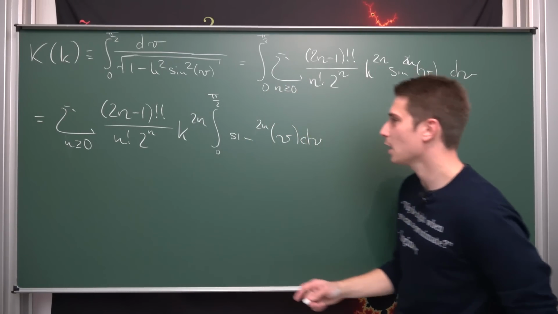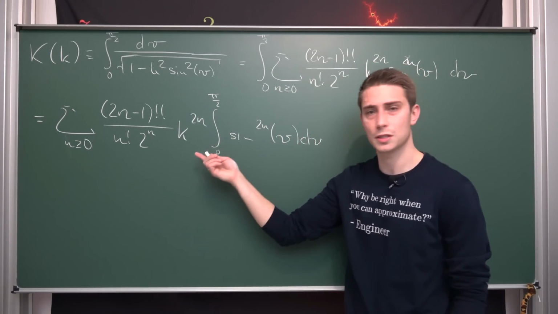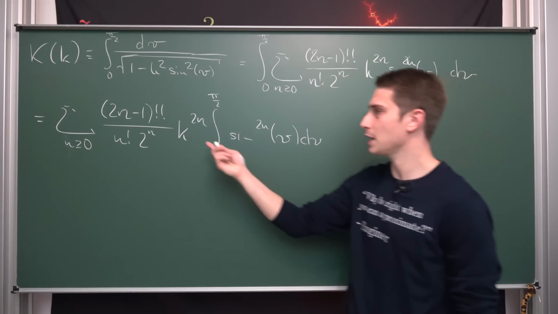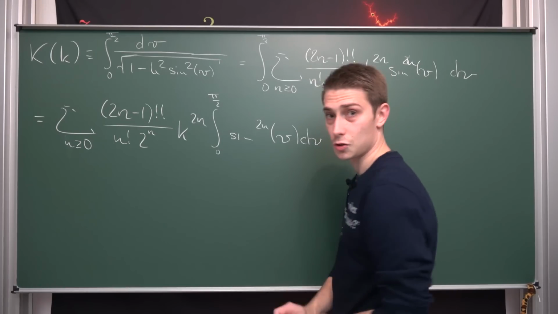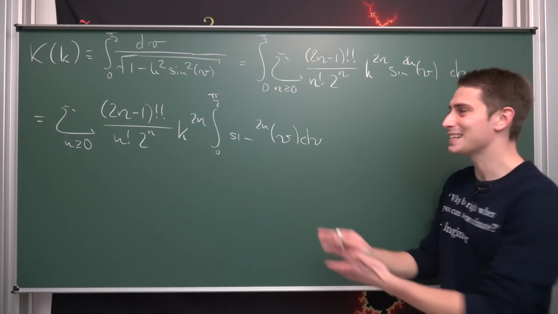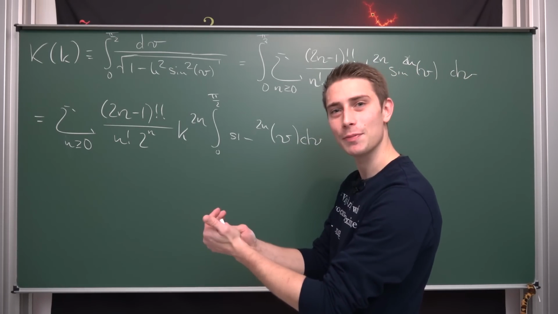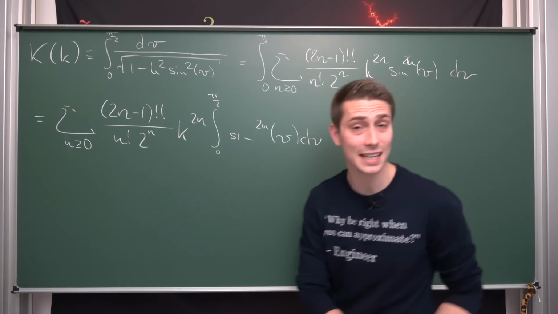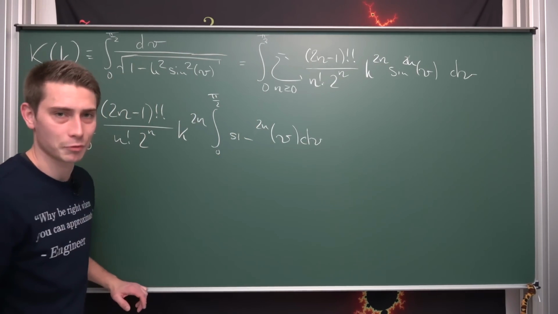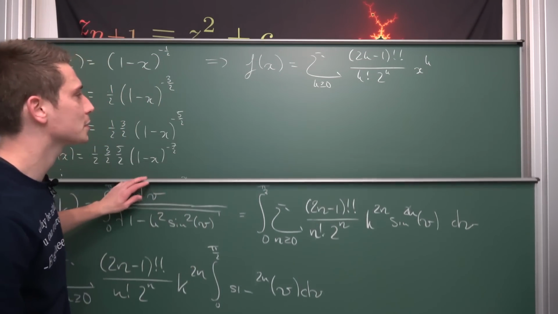Okay, now we gotta find out what this integral is, because this right here is the only thing holding us back from getting ourselves to the series expansion, am I right? So this right here is actually really easy to solve, because it's something that we have derived before. This right here is just a beta function in disguise, which comes in quite handy actually. I'm going to write out the definition for the beta function and we are going to proceed from this point onwards.